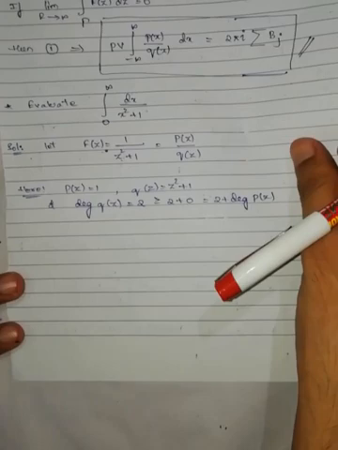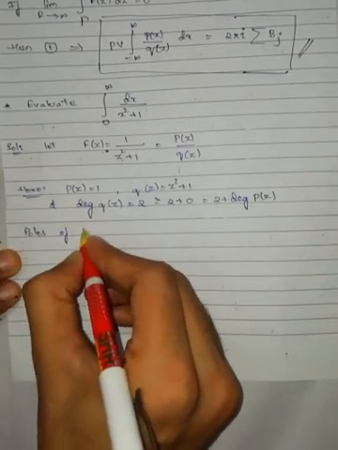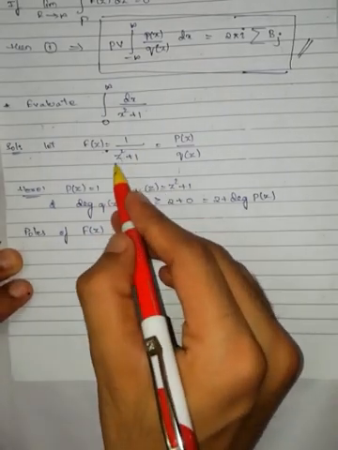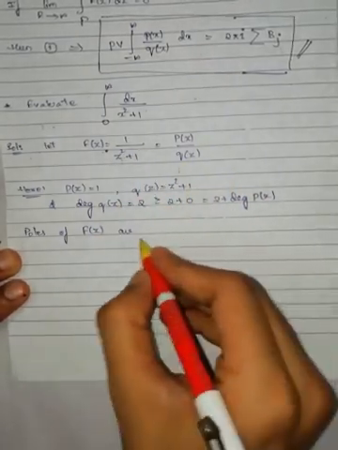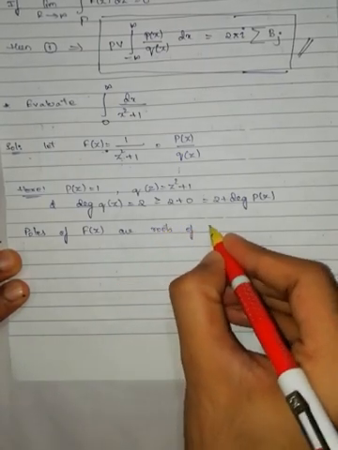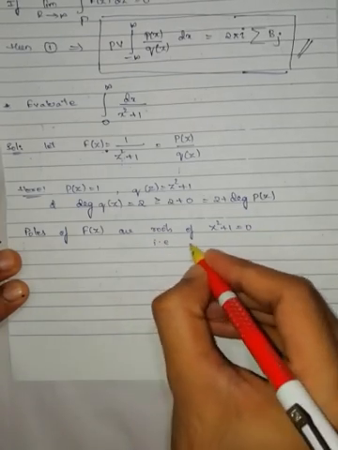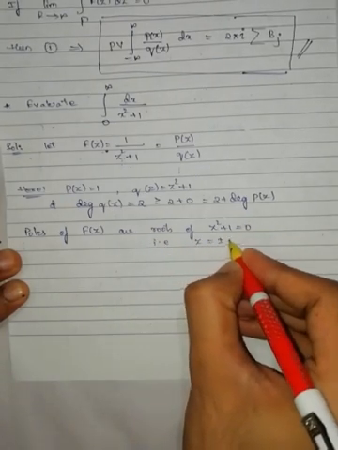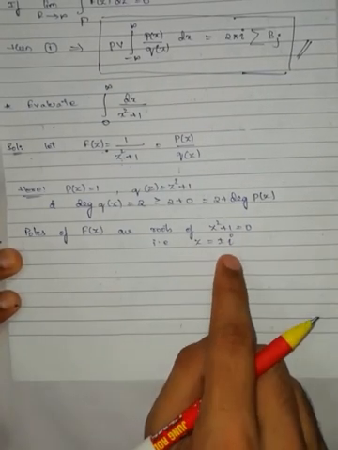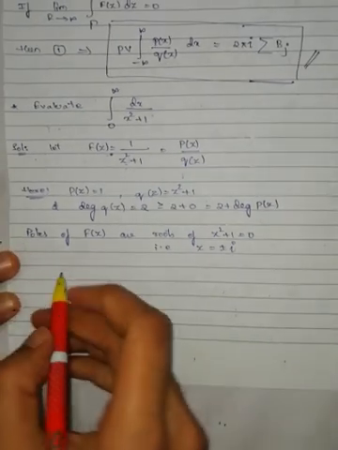Now, poles of capital F of z. The poles of capital F of z are the roots of the denominator, that is, roots of z square plus 1 equal to 0, that is, z is equal to plus or minus i. Out of this, we have to consider which lies in the upper half plane.